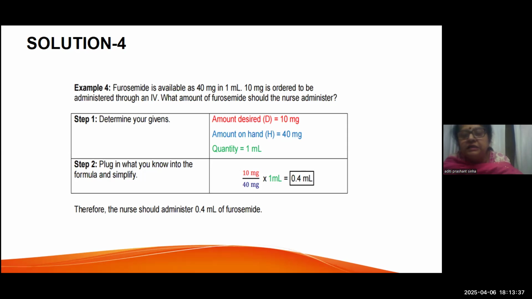That comes as 0.25 ml. Right? It is not difficult. Only if we know the formula and how to calculate, it is very easy. And on our day-to-day basis, we should always use this formula to check the accuracy of the drug. Right?